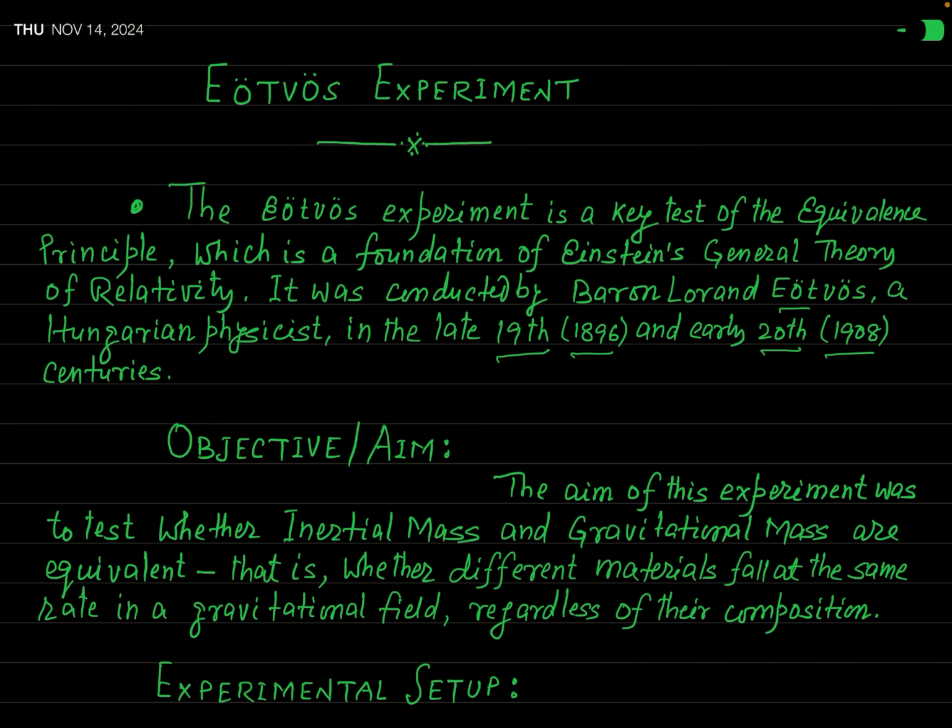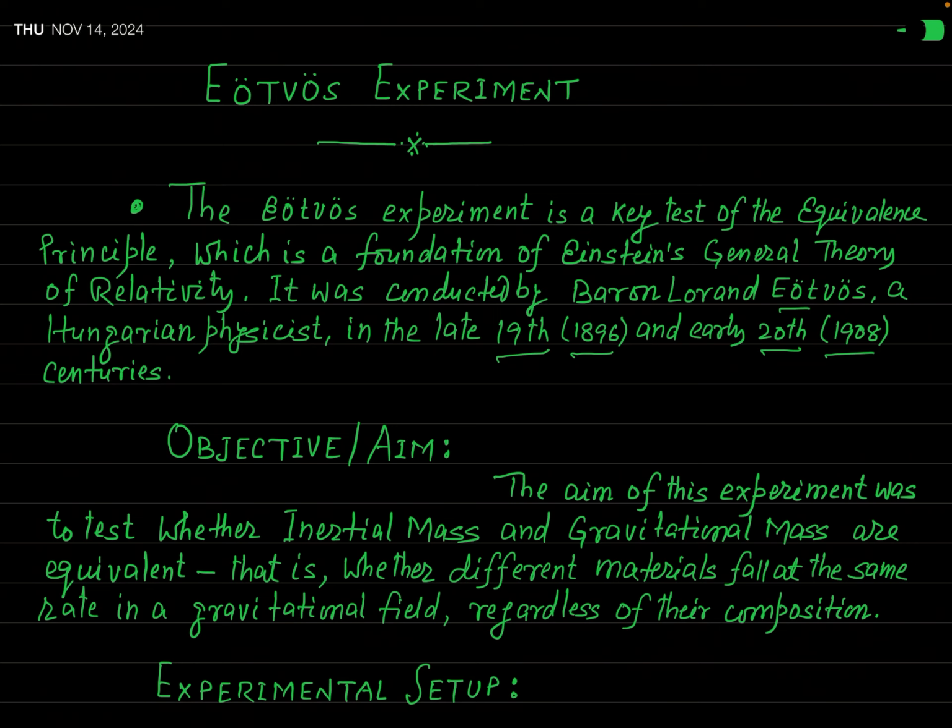So this experiment is known as the Eotvos experiment, and this is of great importance in general relativity because it gives the experimental confirmation of the principle of equivalence. Okay.